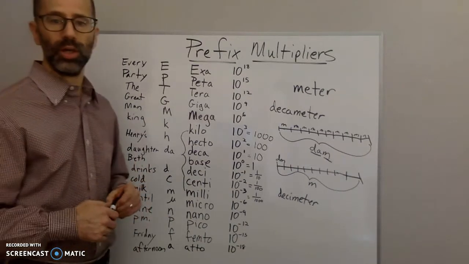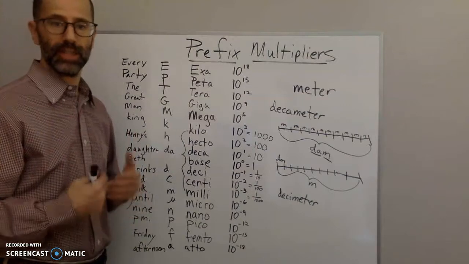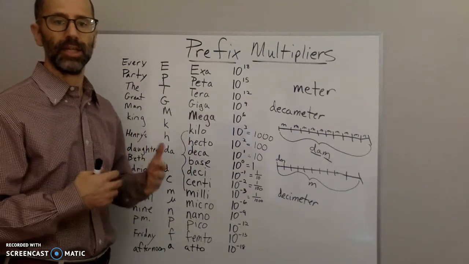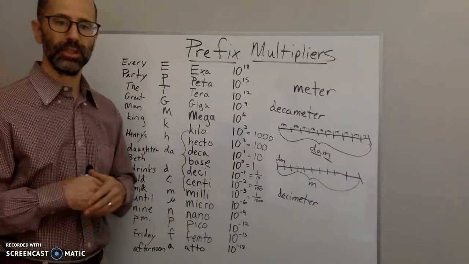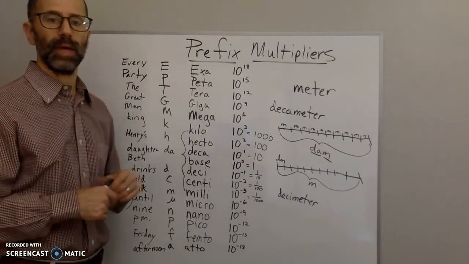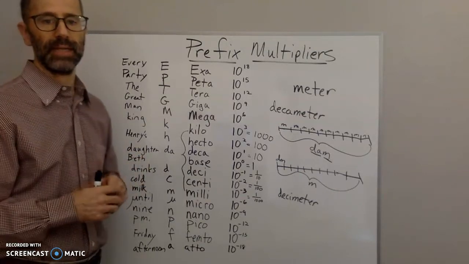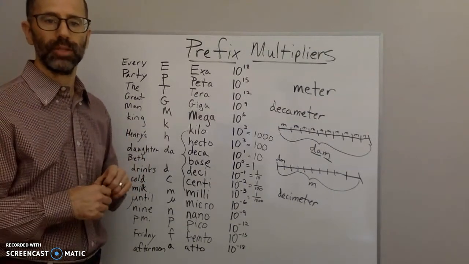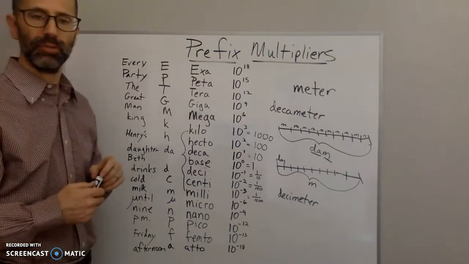Depending on what prefix we add to that unit, we are going to change that unit by a factor of 10, 100, 1,000, either by increasing it by 1,000 or by 100 or by some factor of 10, or we're going to decrease it by that same factor, a factor of 10, a factor of 100, and so on and so forth. So let's talk about the prefixes a little bit.